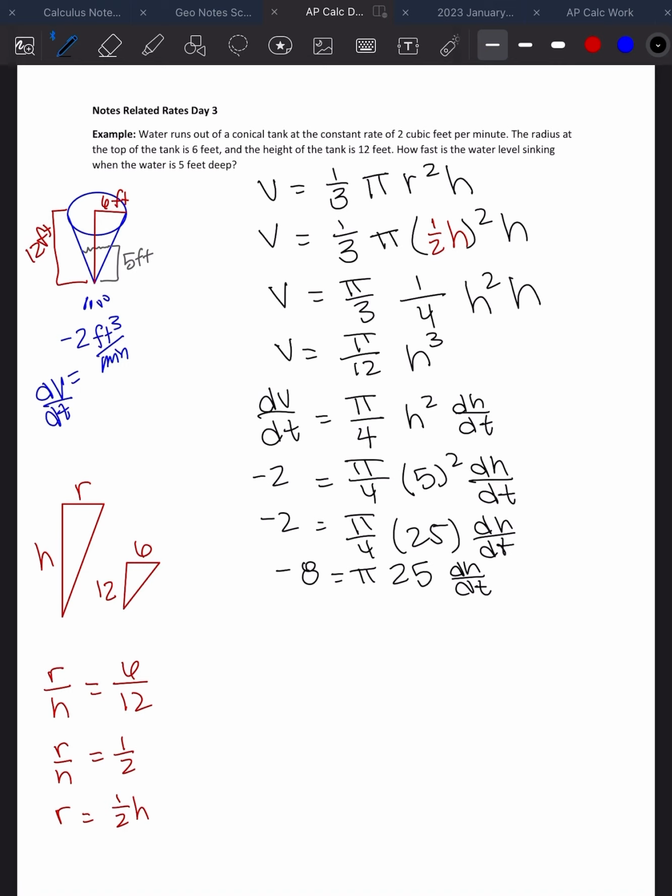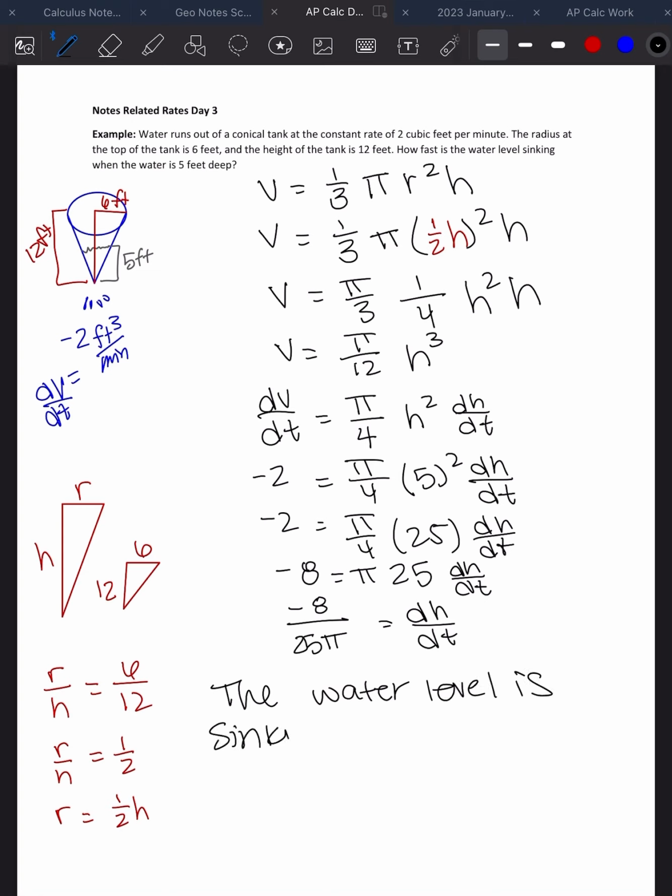So I'm going to divide both sides by 25 pi. So I have -8 divided by 25 pi. This is dh over dt. So the height, or the water level, is sinking at a rate of, we don't want the negative because we already said sinking, 8 over 25 pi.